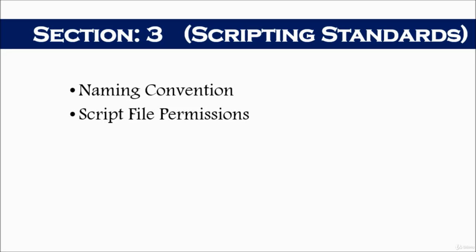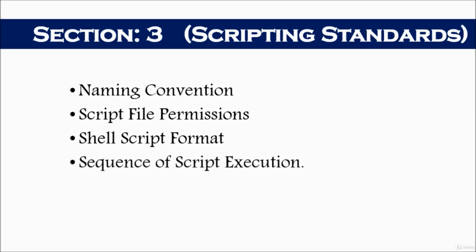So when you create a script, you would need specific executable permissions and what those permissions are and how can we assign them. Then shell scripting format, what goes inside of a script, what are the comments, where do you define the shell, what are the variables, the sequence of shell script.